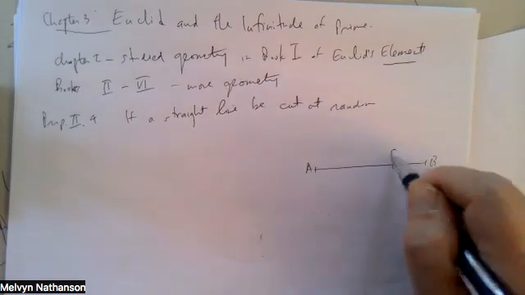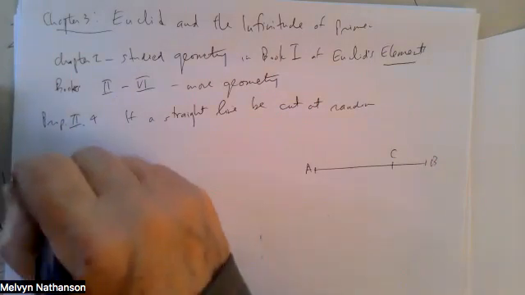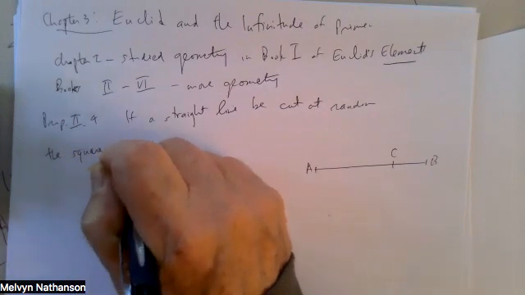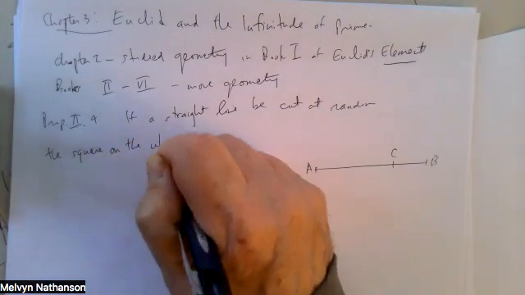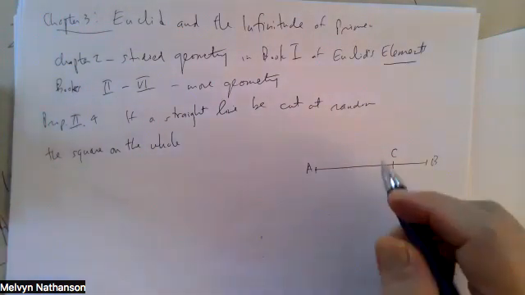So you just pick some random point C on that line. The square on the whole, what is the square on the whole? That means the square on the whole line.